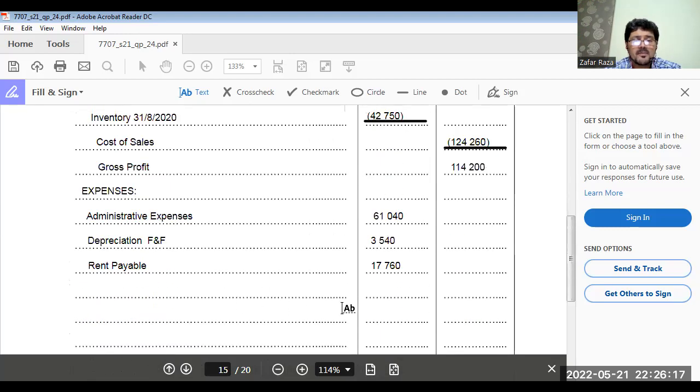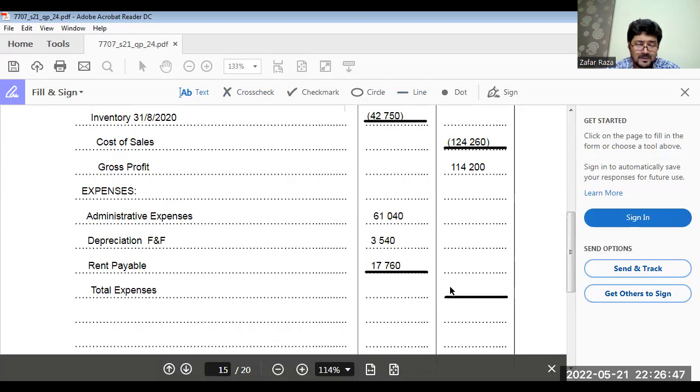So take total expenses. How much? Get the total. Second column. 17,760.